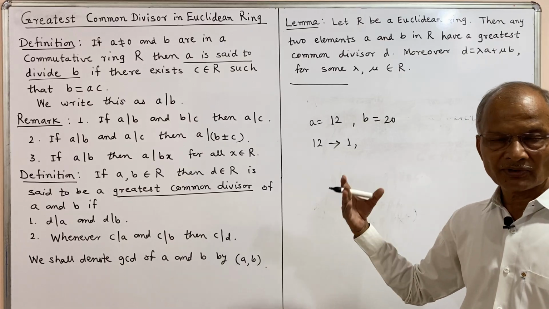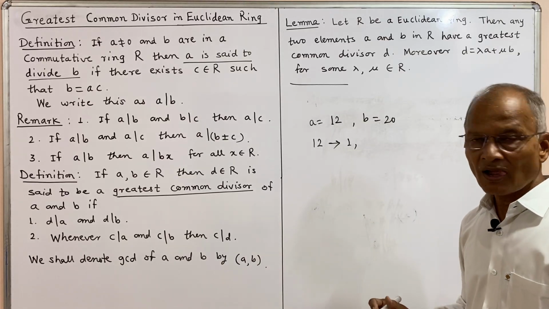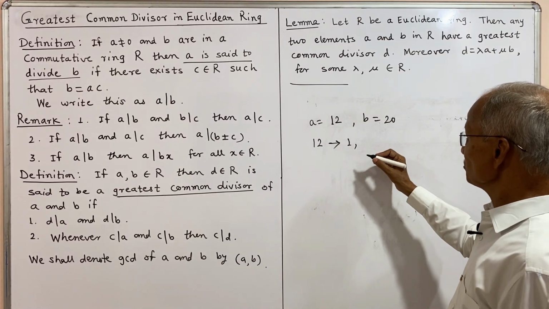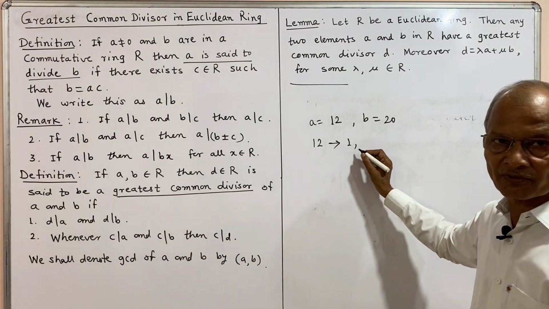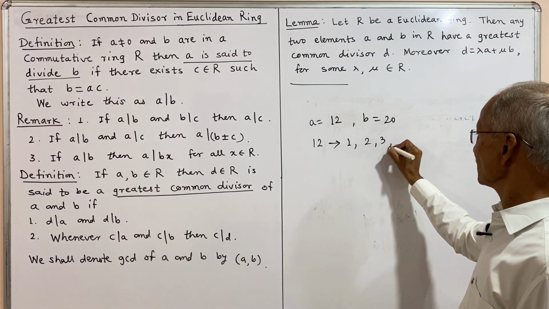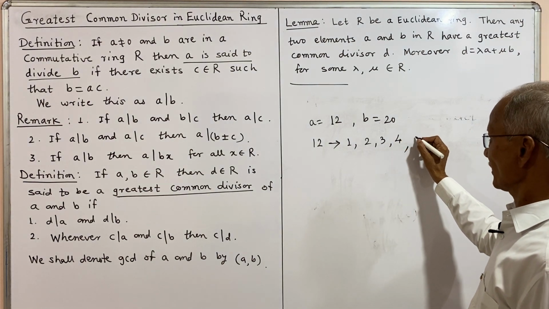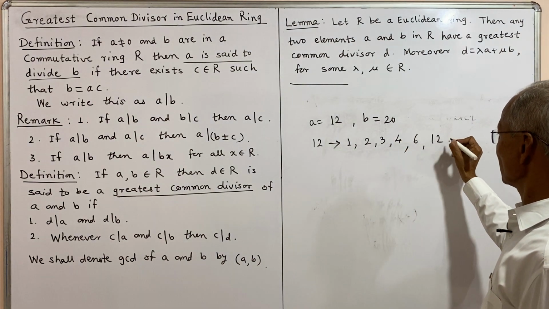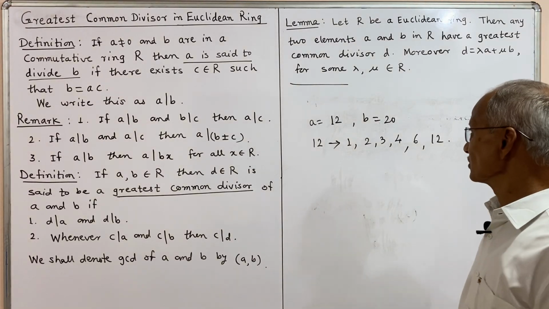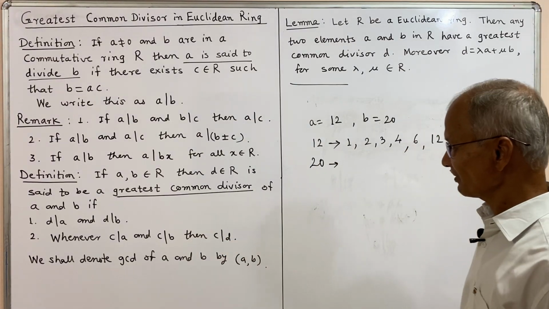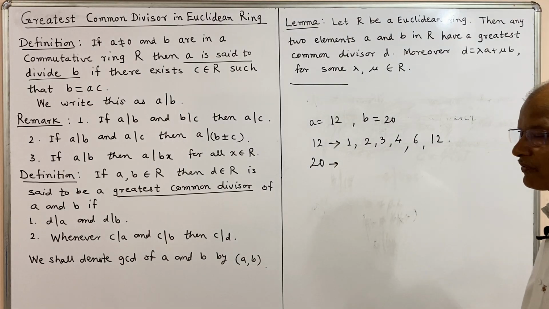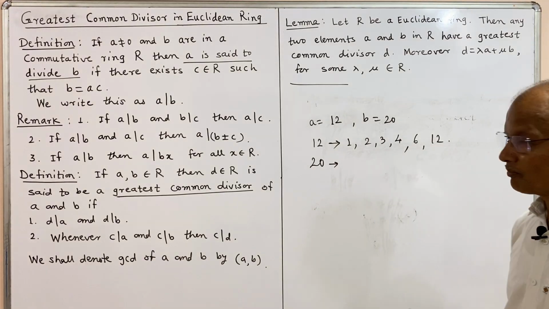The negative integers are also divisors of these. And if you consider positive integers, then the positive divisors of 12 are 1, 2, 3, 4, then 6 and again 12. Because we are considering greatest common divisor, greatest divisor, and therefore we are taking only positive divisors.